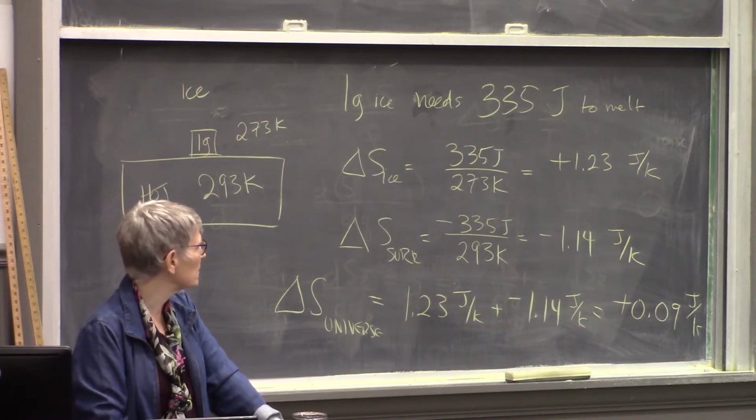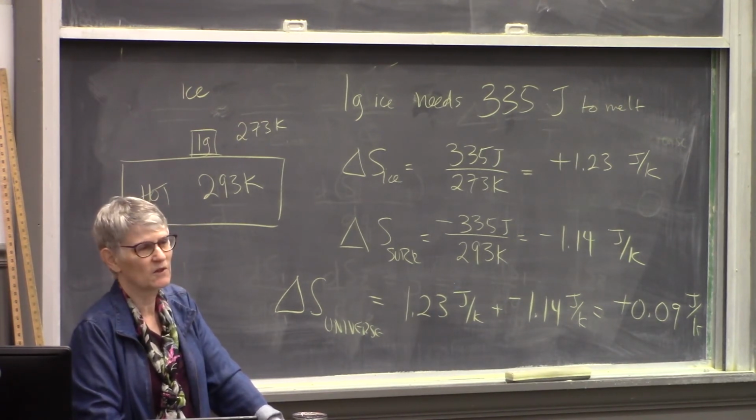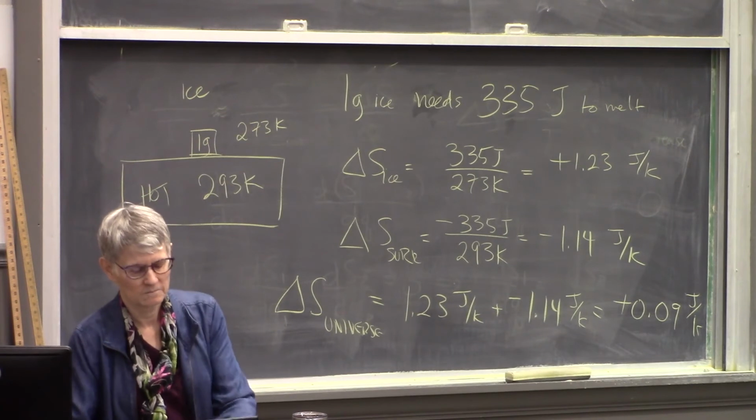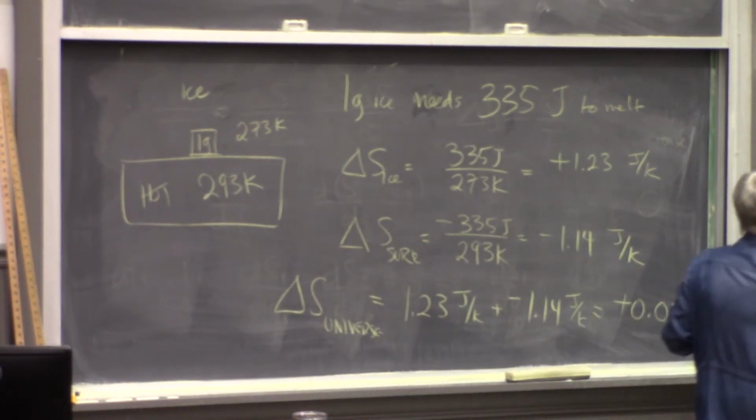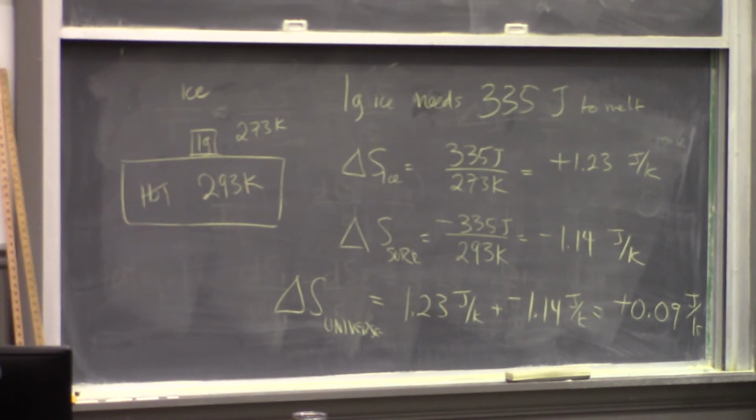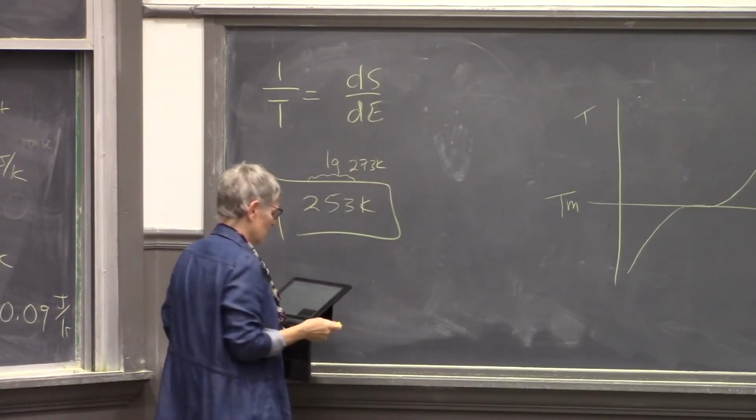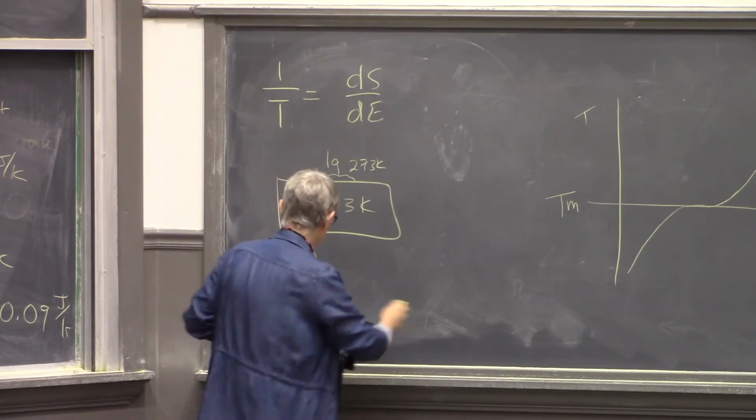What happens if you freeze water? Is it going to work the other way? Well, let's see. Suppose we have a block at 253 Kelvin, and we put 1 gram of water at 273 Kelvin here, and it freezes.